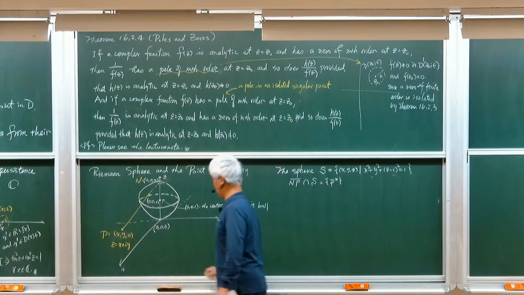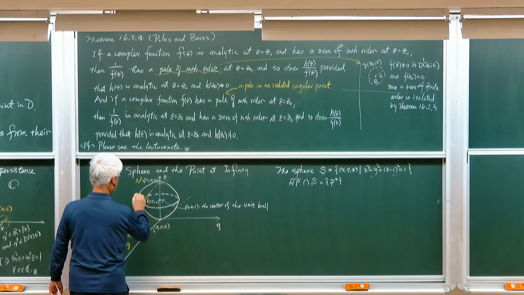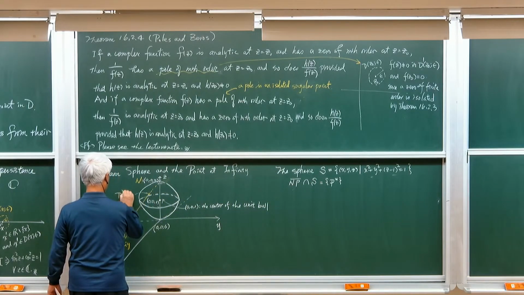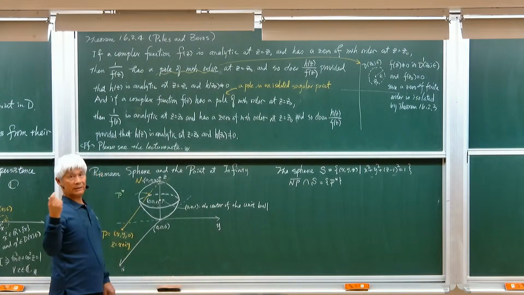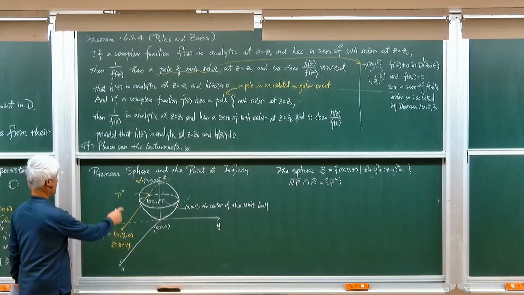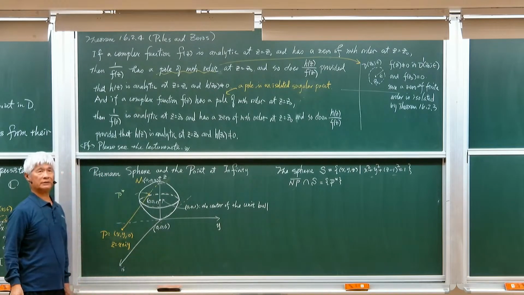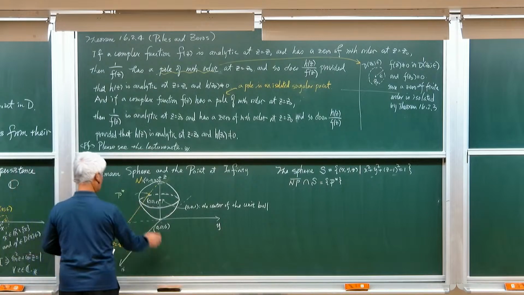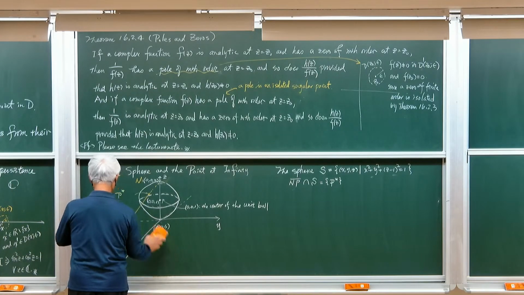So we denote it as P star. What is the three-dimensional coordinate of this P star? Well, I can write it down.